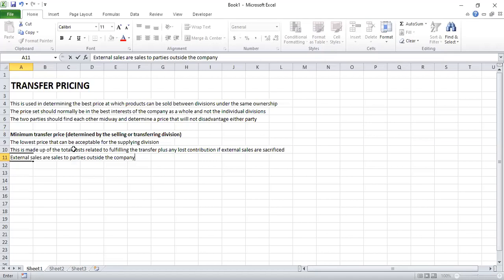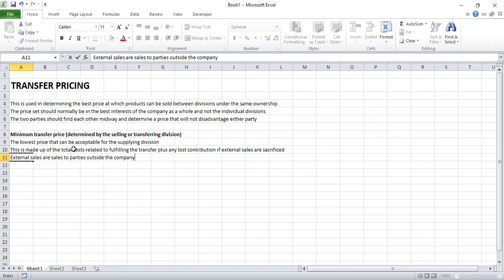Otherwise, it doesn't help us. If you can't give us that profit, then it's better we sell to outsiders and you find a way to buy. So the selling division should be compensated for any contribution that they could have earned, which they will no longer earn because of supplying to their fellow division.